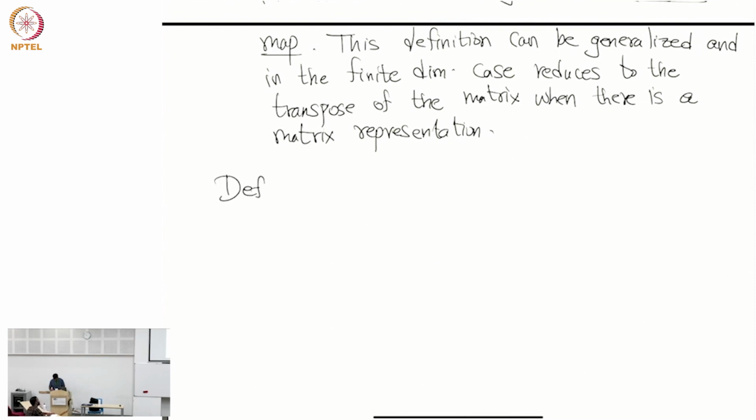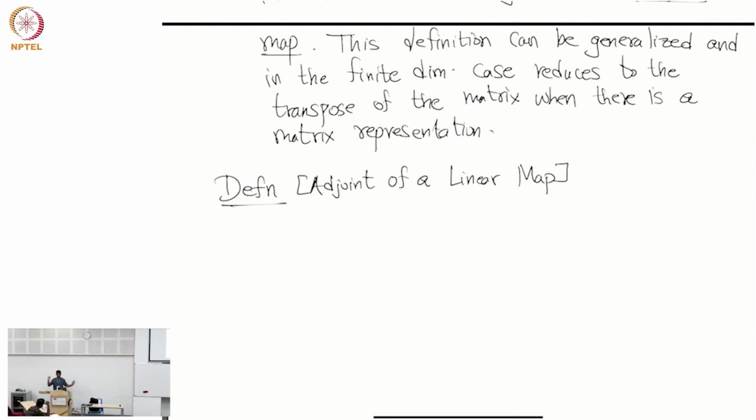So, definition: adjoint of a linear map. Linear map means linear transformation. All these are different words in the vocabulary for the same thing, which is a linear transformation or a linear function or a linear map.